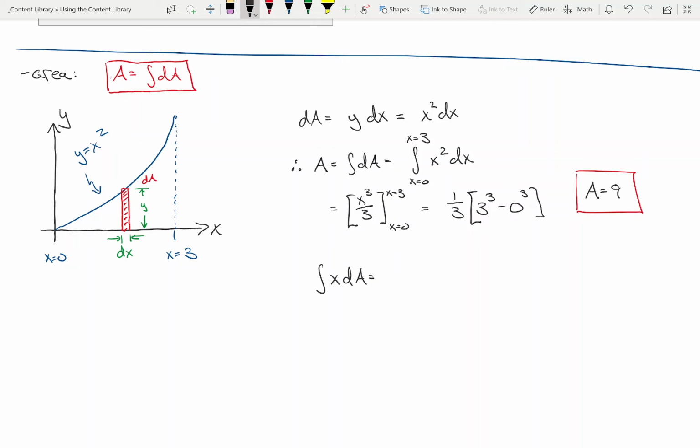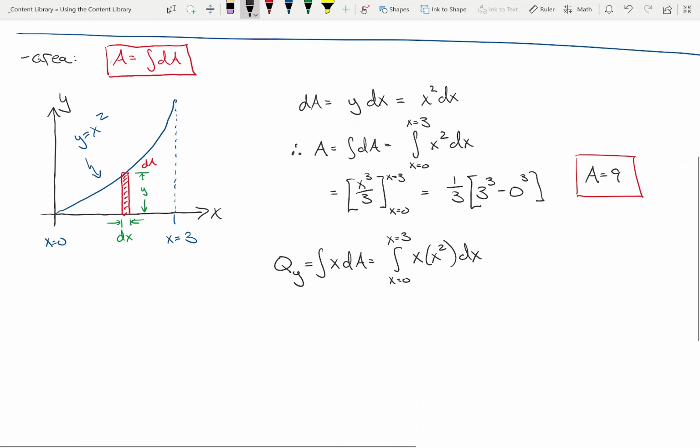So I could say, what about x times, oh, let me do this. What about the integral from x equals 0 to x equals 3 of x times x squared dx? Again, I'm doing the x first because that's written in terms of x. Now, I am going to come up with a name for this, by the way. I'm going to call this QY.